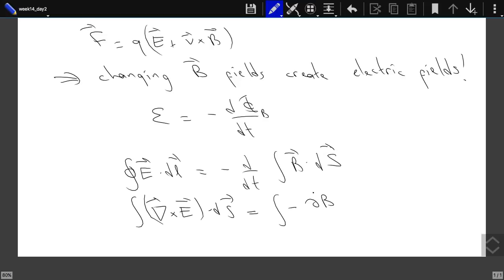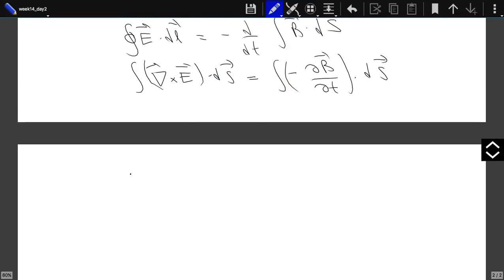This should be equal to minus dB by dt integrated over the surface. In fact, this should be true no matter whether I have an actual wire in my system or not. So for an arbitrary surface, this is valid. Since it is valid for an arbitrary surface, the curl of E should be equal to minus dB by dt.